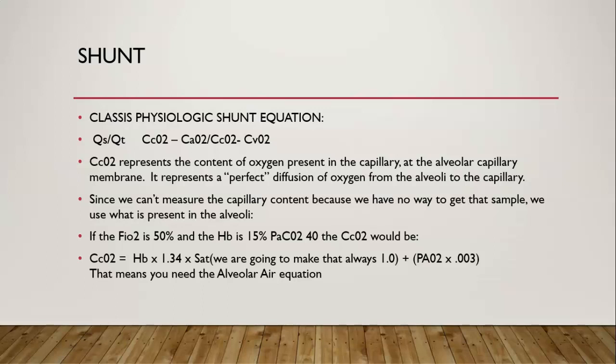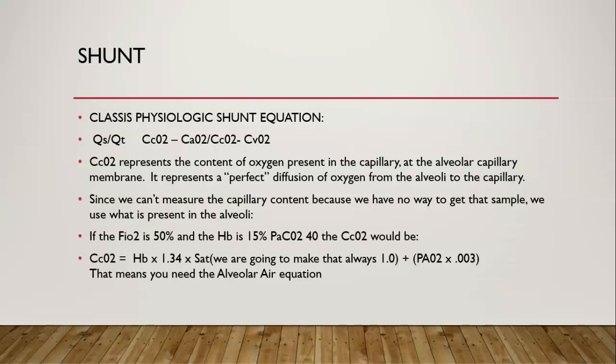And here we go. Here's our C C prime. If the FiO2 is 50% and the hemoglobin is 15 grams percent, and the P little a CO2 is 40, then what is the C C prime? So back to our original equation: hemoglobin times 1.34 times the SAT, which we're always going to use as 100%.